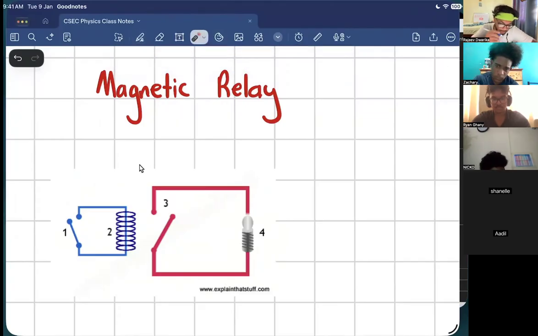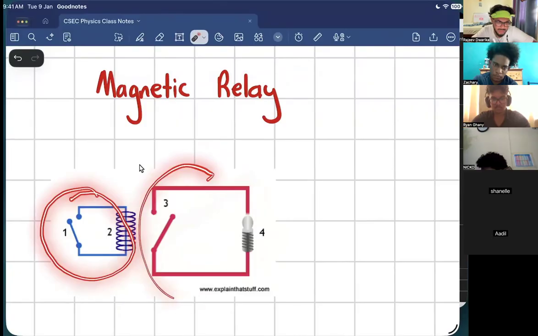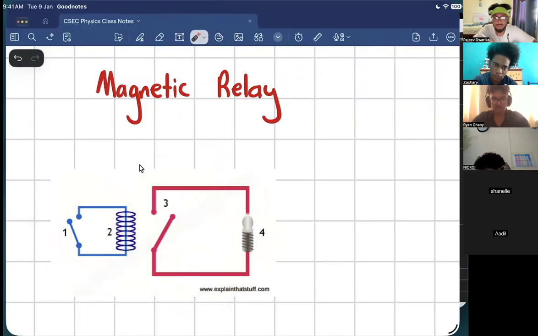So can you all see that we have two circuits? This circuit and this circuit. Yes, sir. Most of the time this would be a low voltage circuit and this would be a high voltage circuit. Let me explain, guys. Do you think it's safe for a human to flip a switch for a high voltage system?